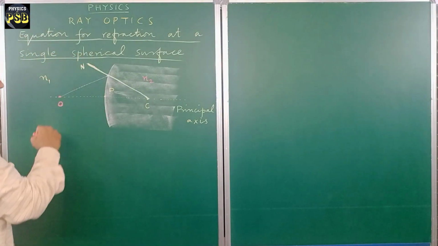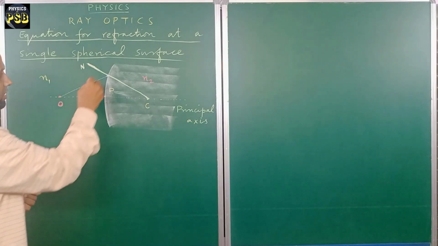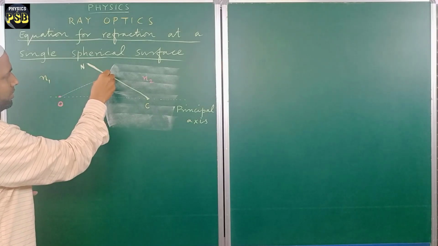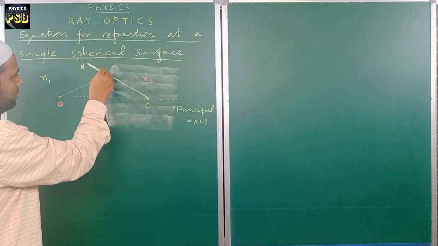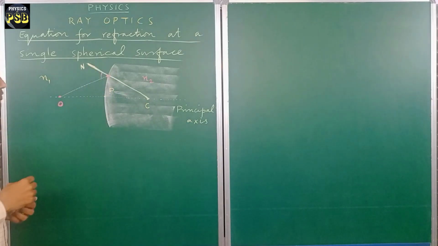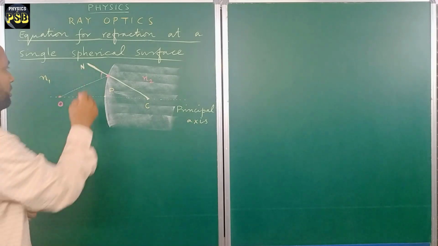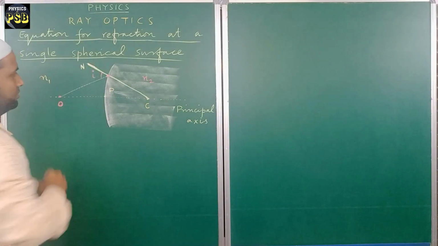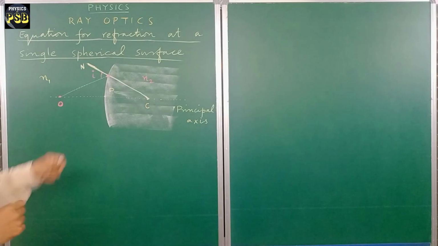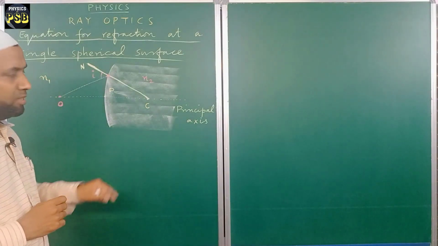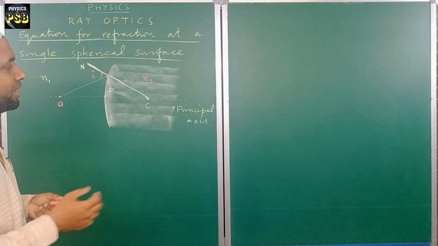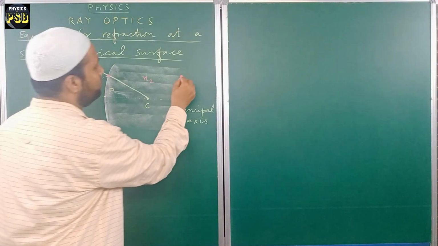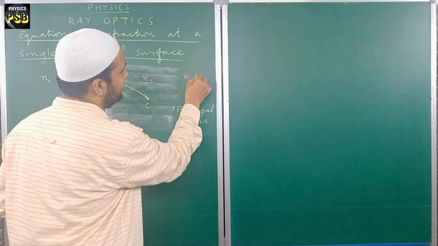Here, this incident ray is incident at this point. The angle between the incident ray and the normal is taken as I. Clear? Now once it enters a medium of different refractive index, here I can say N2 is greater than N1.